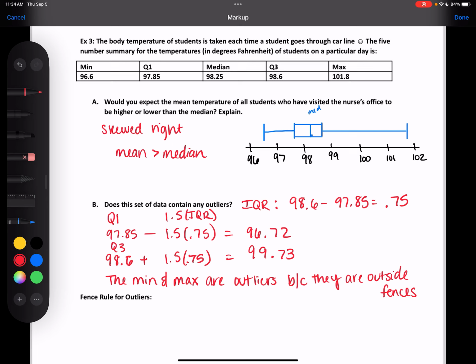He's now an outlier because he's not inside the fence anymore. So 96.6 is not in this range. It is less than my lower fence. Why does it have to be in that range? Because anything outside of that is an outlier. It was the formula I gave in the notes yesterday. Q1 minus 1.5 times IQR or Q3 plus 1.5 times IQR. Anything outside of that is a problem.